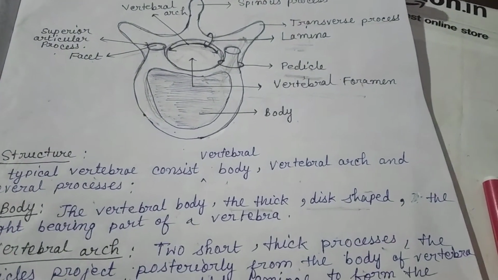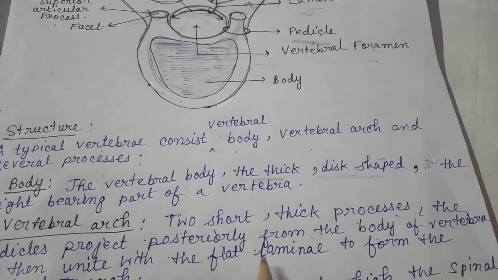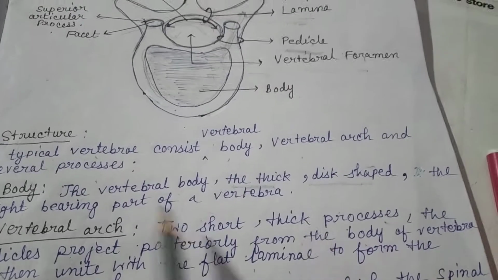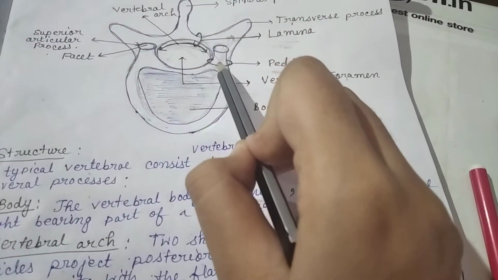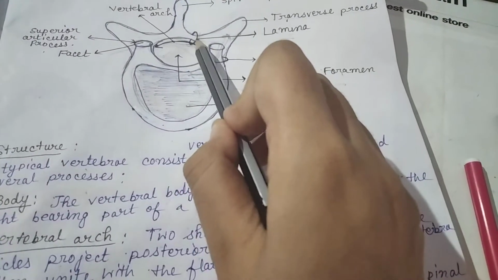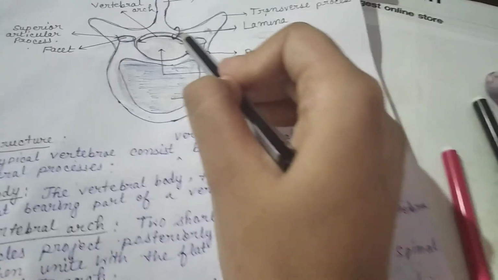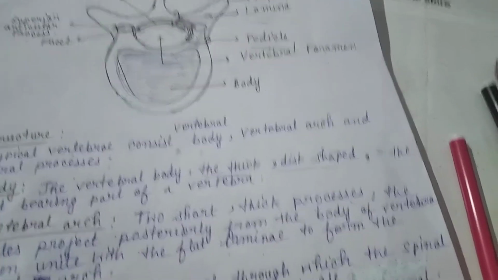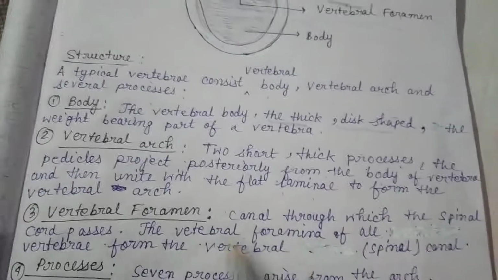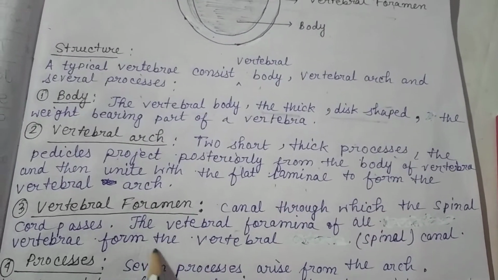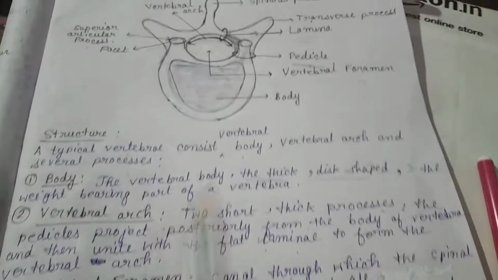After that, the pedicles unite with the flat lamina. This is the lamina. They unite to form the vertebral arch.